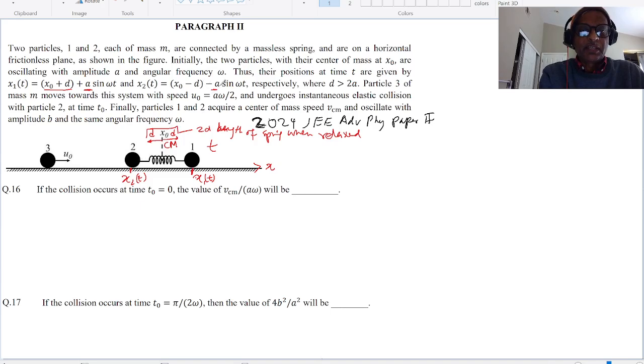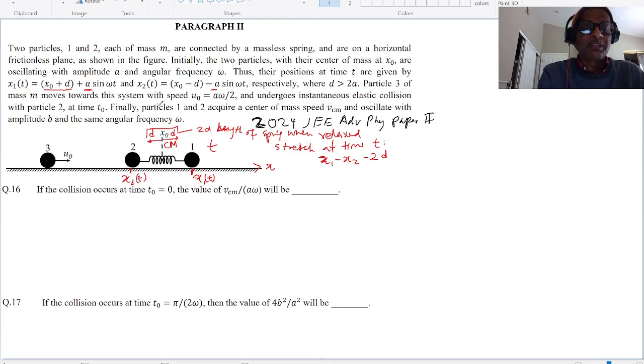So if you look at the stretch at any time, there will be x1 minus x2 minus 2d.